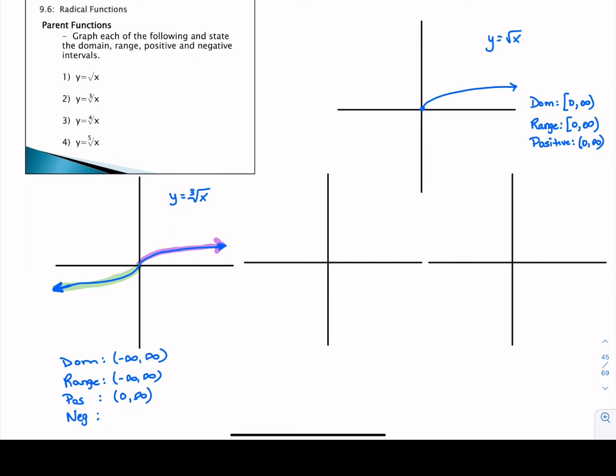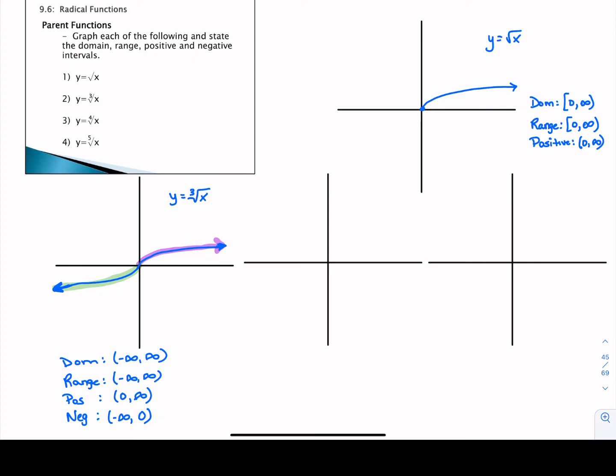But again, it needs to be written in interval notation from left to right in terms of your x values. So this graph is negative from negative infinity, meaning as far left as you can imagine, until we hit 0 or the origin when it starts to cross and move above that x-axis. So we've now evaluated the domain, the range, where the graph is positive, and where the graph is negative.